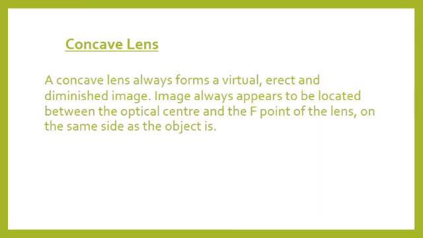It means whatever the position of the object, it always forms a virtual, erect and small image, between the optical center and f point of the lens on the same side as the object is.